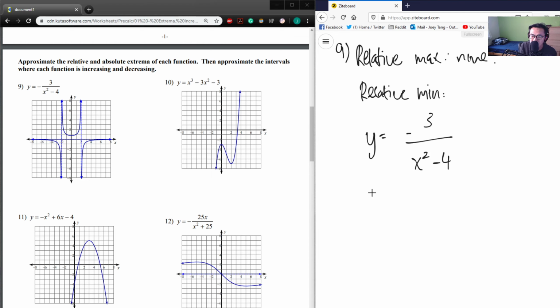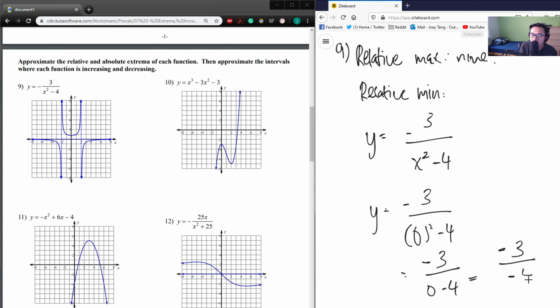So y equals negative 3 over 0 squared minus 4. 0 squared is simply just 0. 0 minus 4. And this will be negative 3 over negative 4. That cancels out, which is 3 over 4.